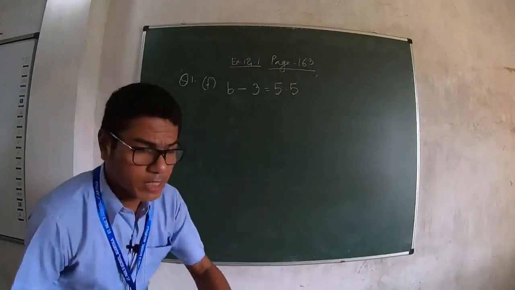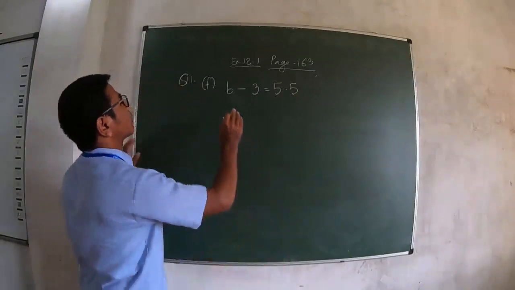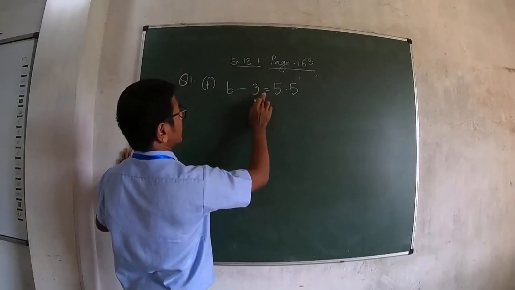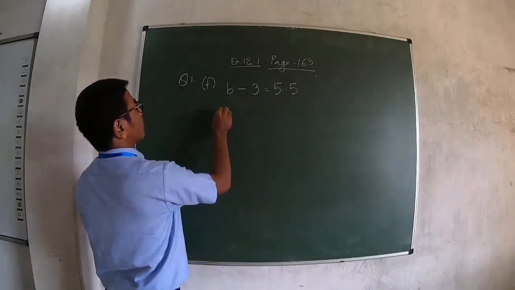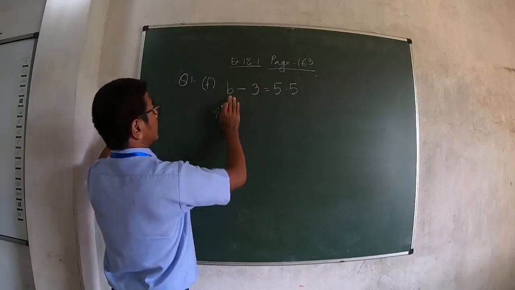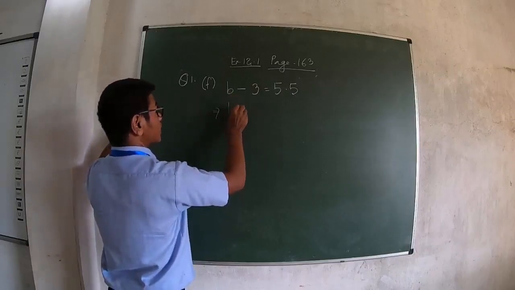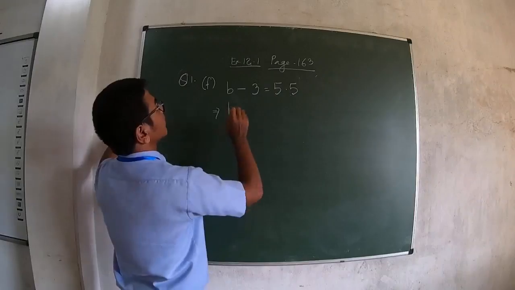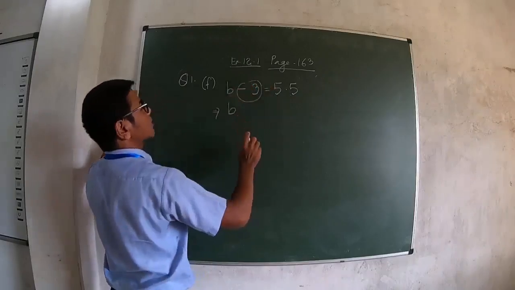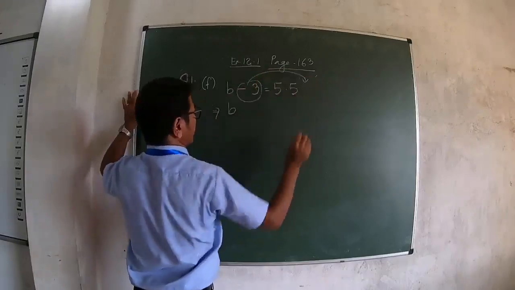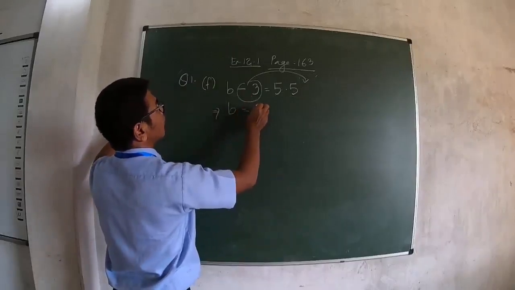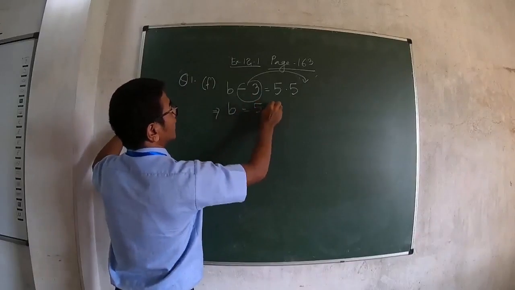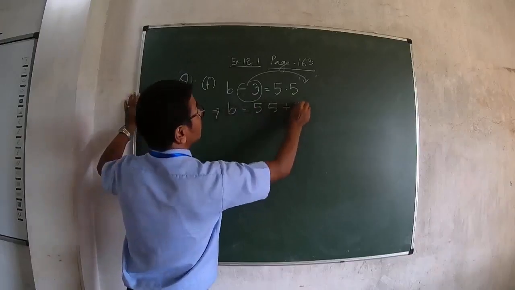Please copy your B minus 3 equals to 5.5. Now, the variable or the subject is not X here, it's B. So please write B. This is a number, a constant, which goes to the right. But before it has a minus. So you have to make sure that it becomes plus.